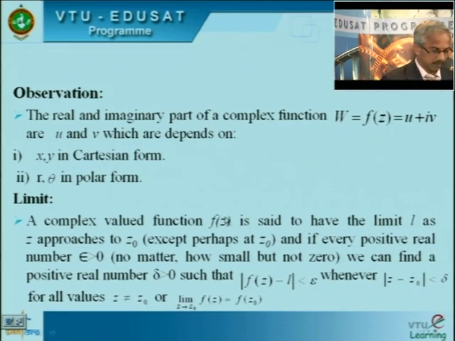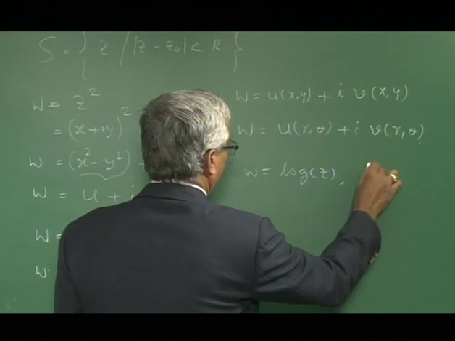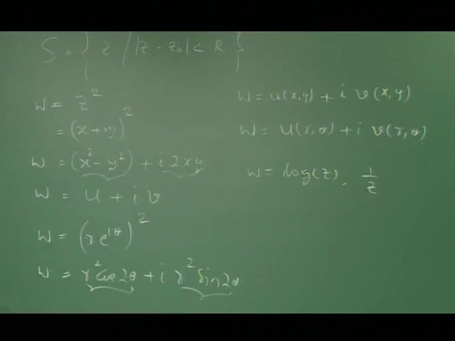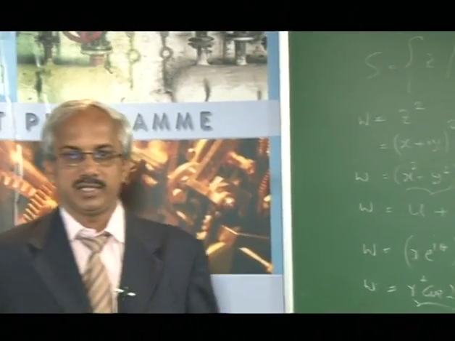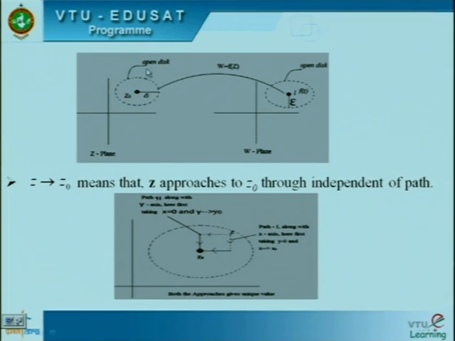A very simple example is w is equal to log z or 1 by z. These two are simple functions, and log z is not defined at the point z is equal to 0. So except at this point, the origin, log z is defined everywhere in the complex plane. So for this limit we have taken that z approaches z naught, which forms an open disk. An open disk is a neighborhood of z naught.